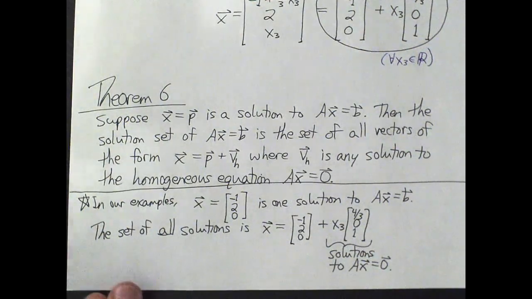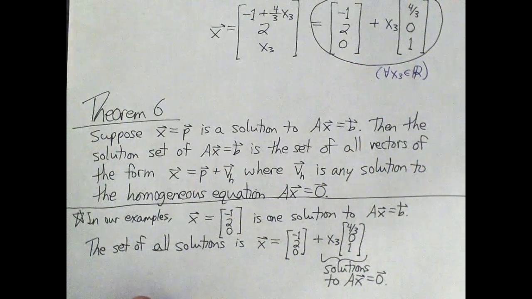I also think that when we went from the homogeneous problem to the non-homogeneous problem, what did we change about the problem? We changed the right-hand side only. It's like we shifted the right-hand side.